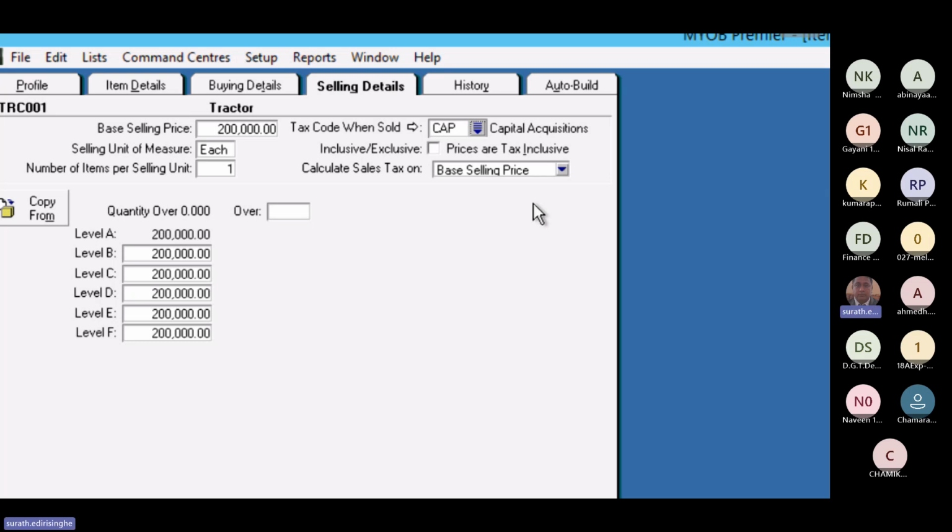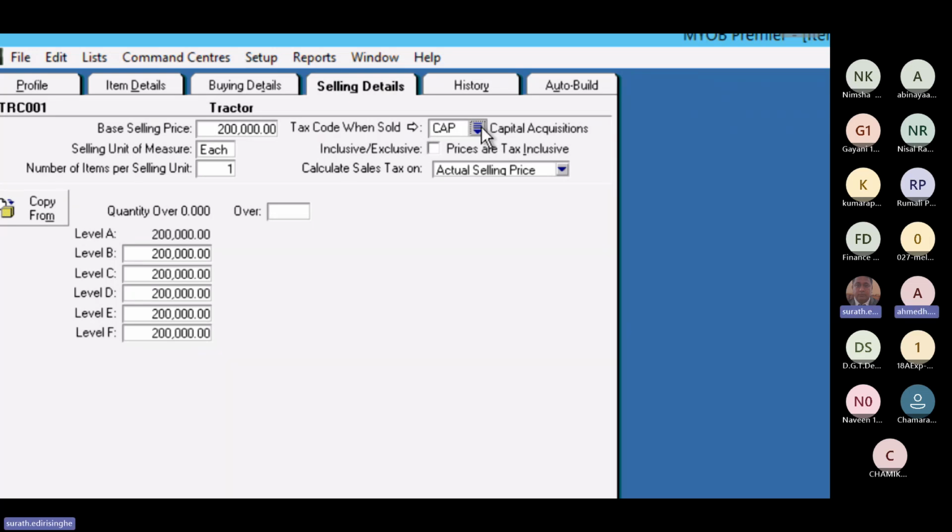If you select base selling price, meaning the estimated amount, then based on this base selling price you calculate the 10% capital acquisition tax rate. Or if you select actual sales price at the date of selling this asset, then the taxes are calculated based on that.